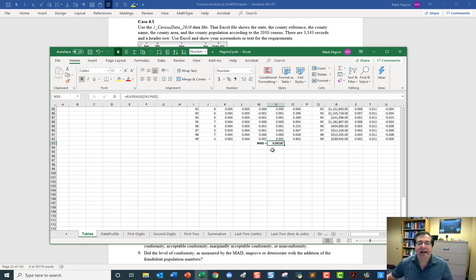Therefore, what we had is 0.00187 for this sample, 0.00206 for the first sample, and they were 50% samples. And then for the population, 0.00143.